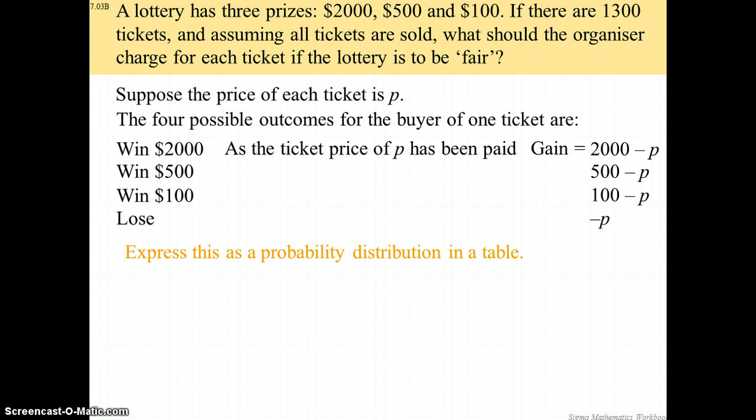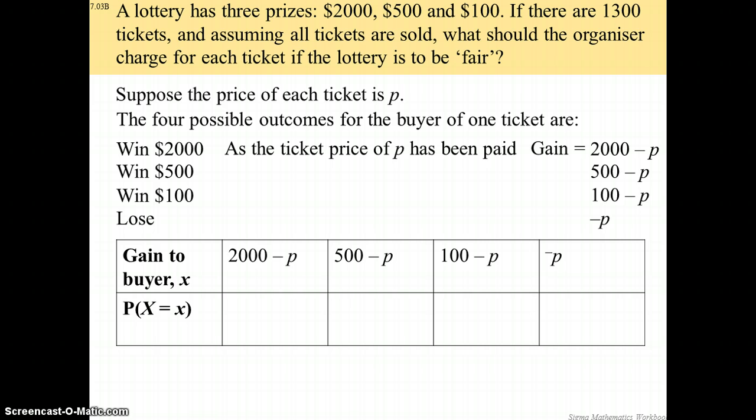Probabilities. What's the probability going to be here for winning $2,000? How many tickets are sold? Right, there are 1,300 tickets sold. What's the probability of winning? 1 in 1,300.